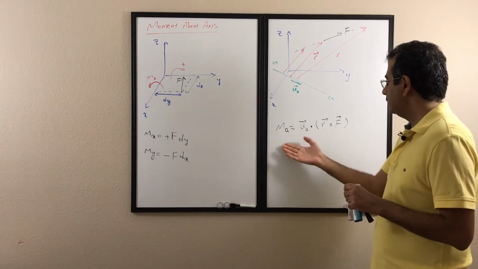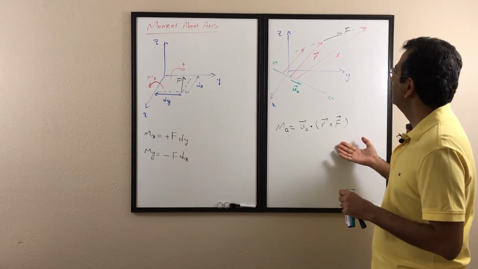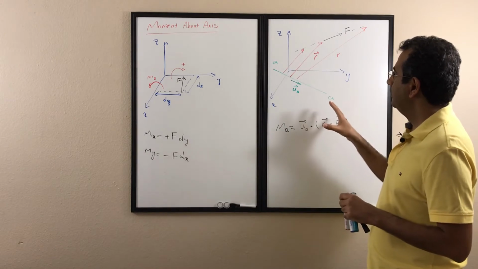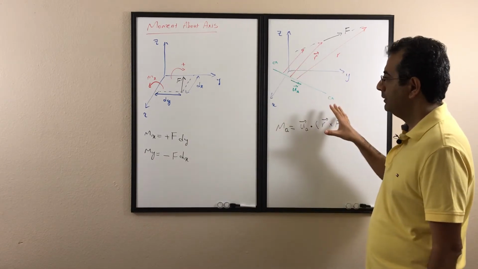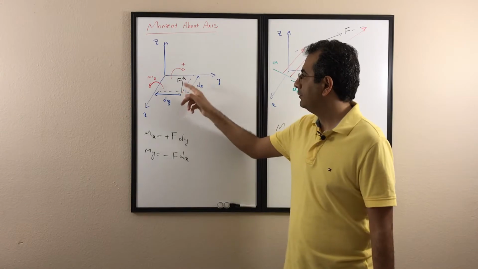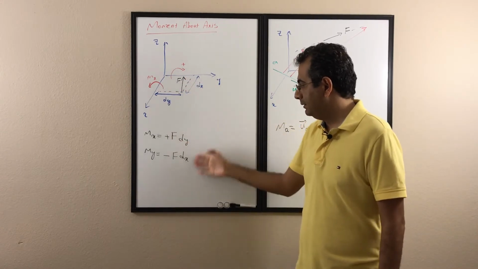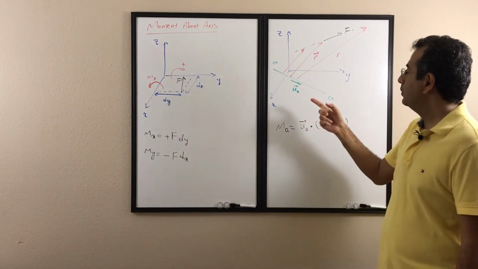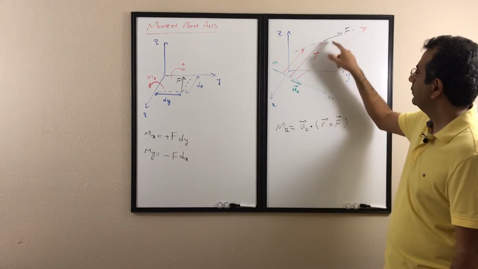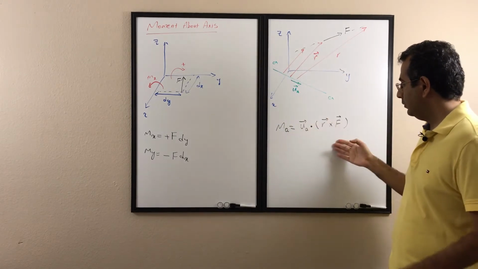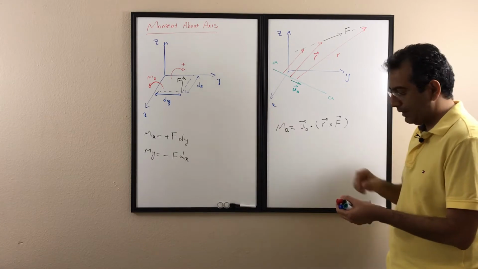So that's how we calculate it in 3D if we cannot find the normal distance. If we have the normal distance between the force and axis, this is how we calculate it. If we don't have the normal distance between force and the axis, this is how we calculate it. And remember, this is the magnitude.